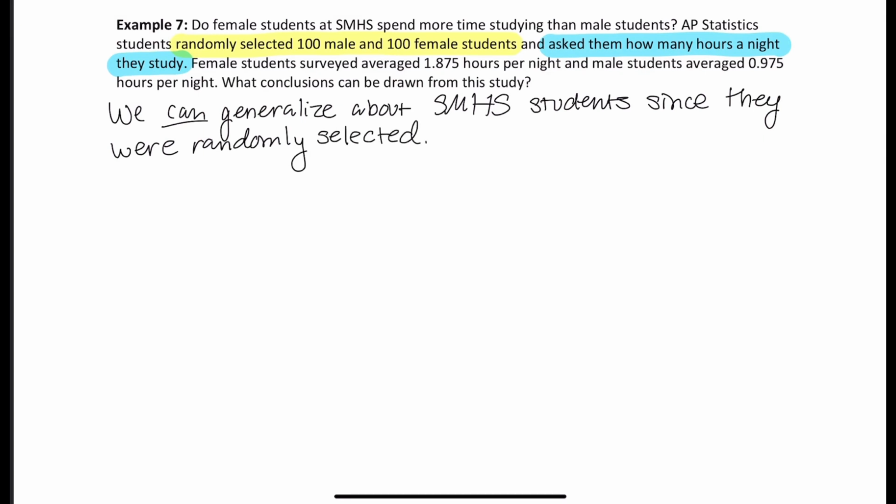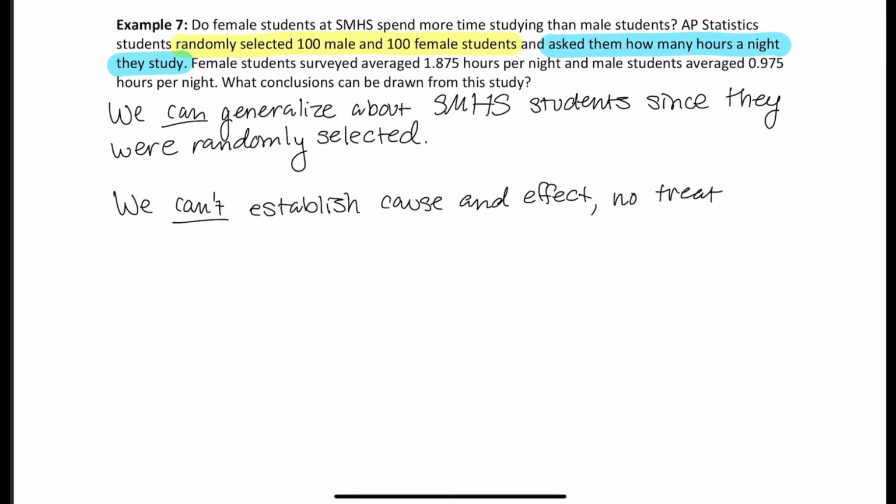But because they just asked them how many hours a night, nothing was really randomly assigned. This means we can't establish cause and effect. And this is because no treatments, and no treatments in general, but if we were to consider any of them treatments, the fact is they were not randomly assigned.